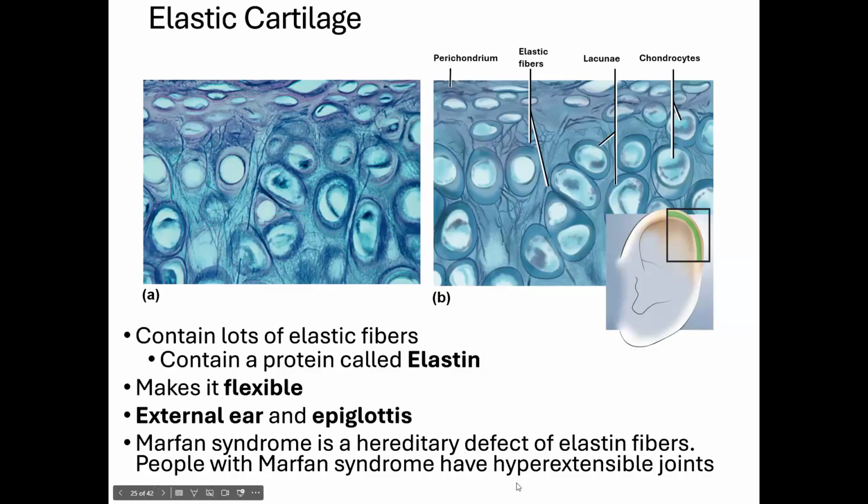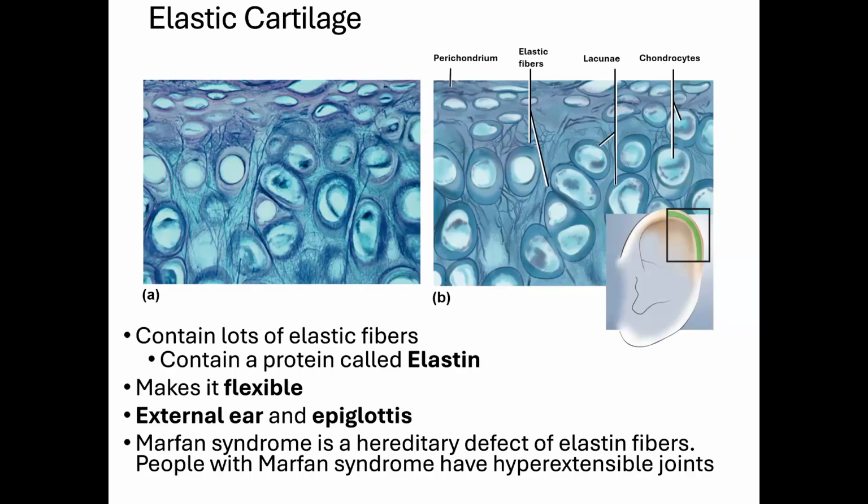And when there is a hereditary defect of the elastic fibers, we have a syndrome called Marfan syndrome. A famous person who had it was Abraham Lincoln. These people have hyperextensible joints. Basically, your joint, if you do like that, stops here.